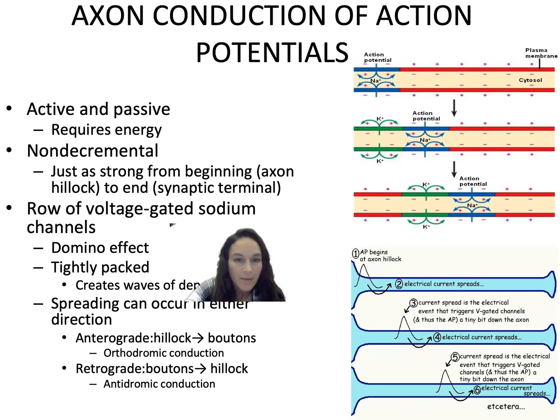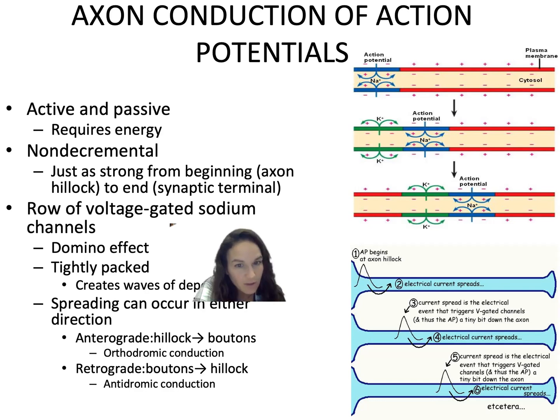And during this time, only potassium is leaving the cell and no sodium can come in when sodium channels are inactivated. And then after these cells are repolarized, those voltage-gated sodium channels are possible to reopen or reinitiate a new action potential. So those tightly packed sodium channels allow for these waves of depolarization to occur down the axon, and the spreading of an action potential and the direction of that spread depends on where the depolarization was initiated.